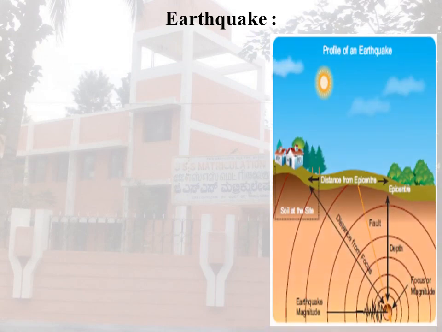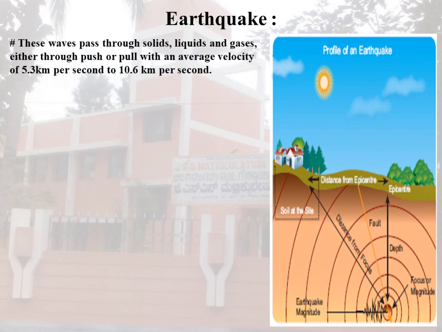These waves pass through solids, liquids and gases, either through push or pull, with an average velocity of 5.3 km per second. Look how fast, up to 10.6 km per second in the outside of the earth.